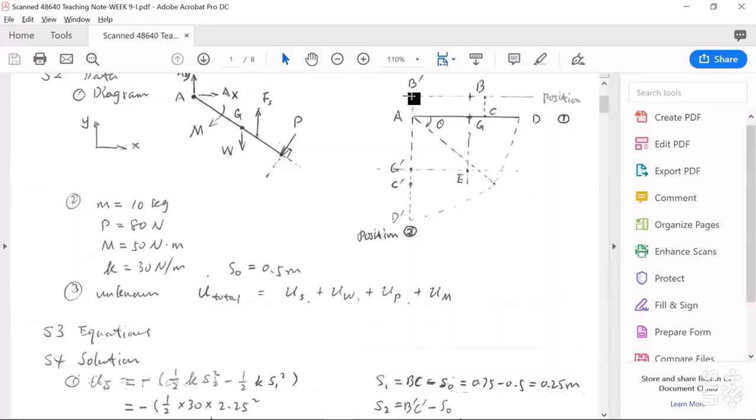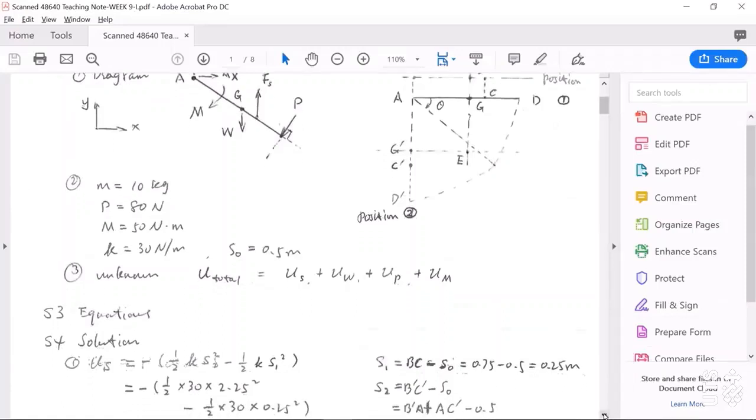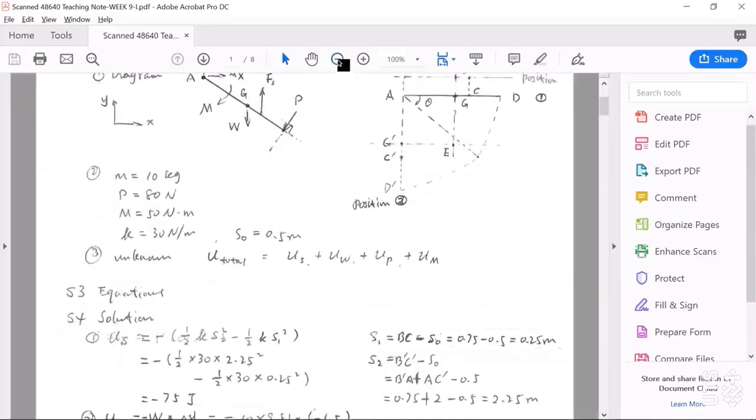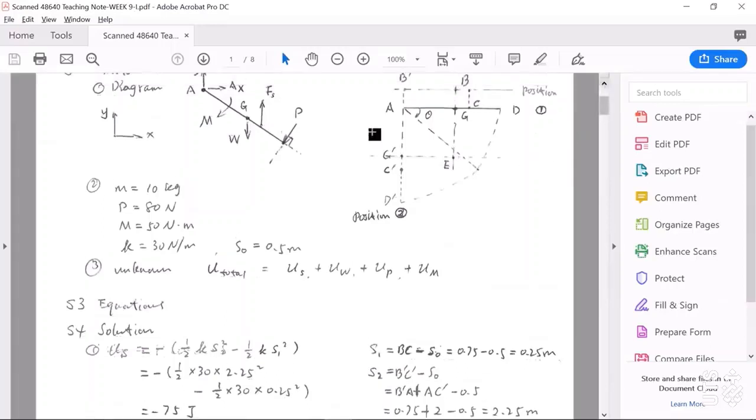From B prime to C prime, this distance is equal to B prime A plus A C prime.